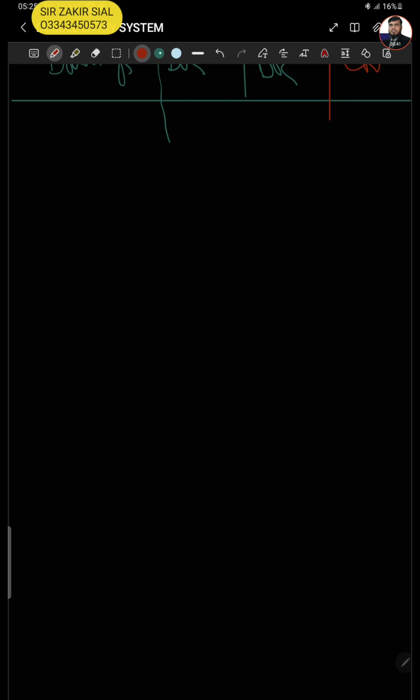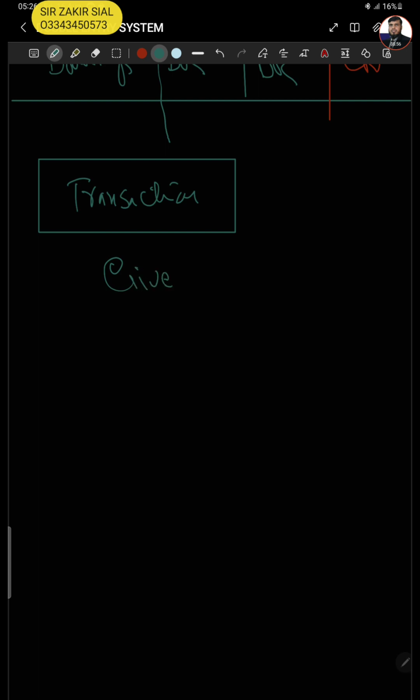Okay, what is a transaction? It is give and take, given and taken, like exchange of goods and services is called a transaction.